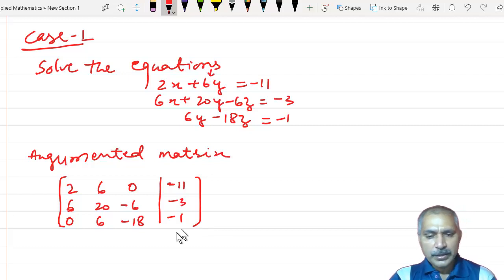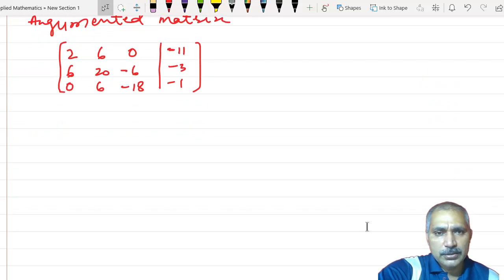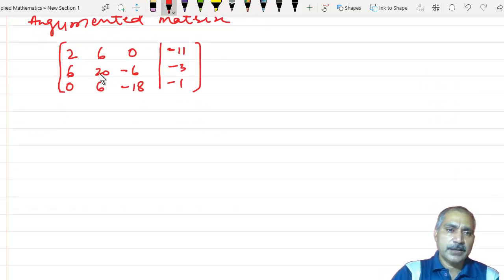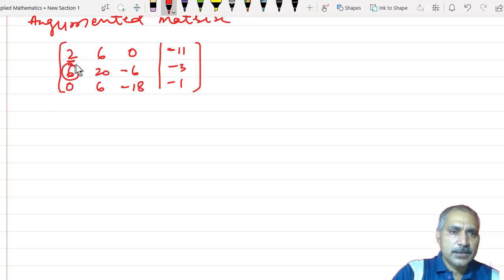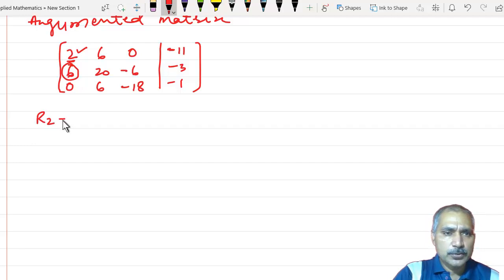Now we will be converting this into echelon form to check what is going to be the rank of this matrix. Now this is 2. This is 6. We know if we multiply this 2 by 3, it becomes 6, and if we subtract with this 6, it will become 0. So our operation is going to be R2 minus 3 times R1.